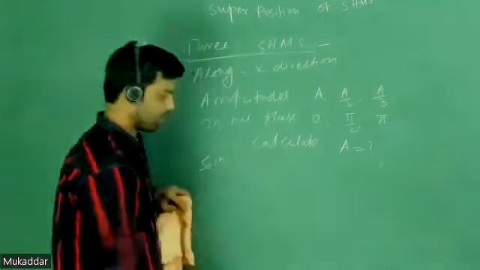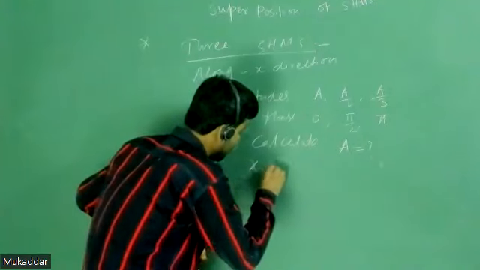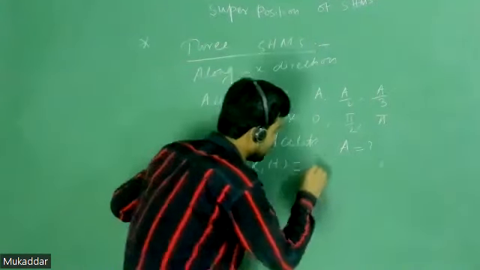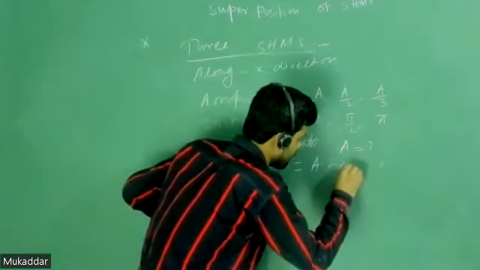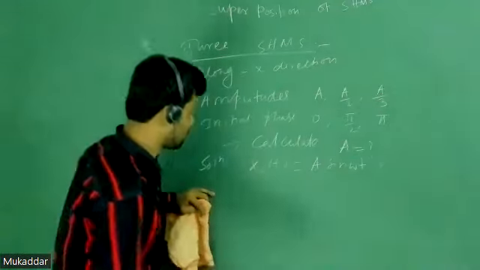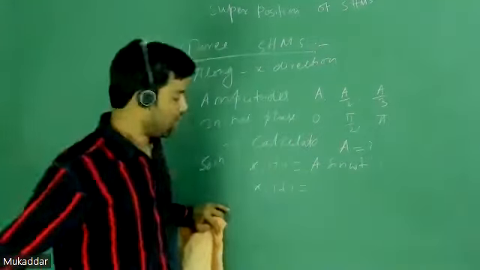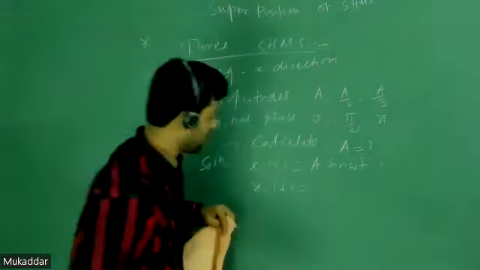Can you please try this one? As you know, you can represent x1(t) as A sine of omega t, because the initial phase delta 1 was 0. Similarly, you can represent x2(t), the SHM of the second oscillator.